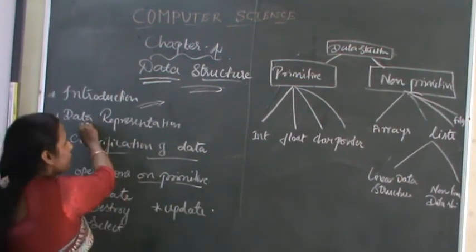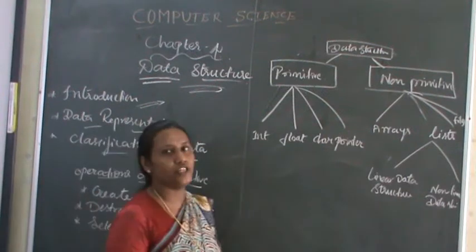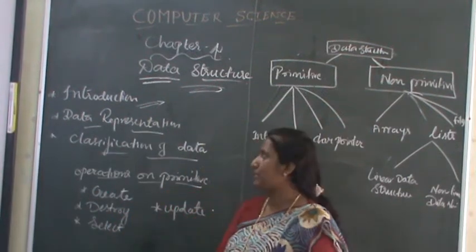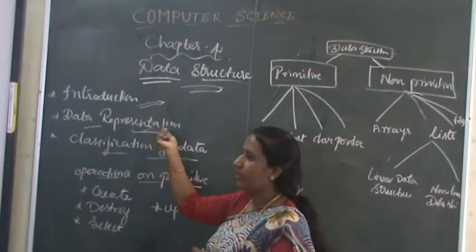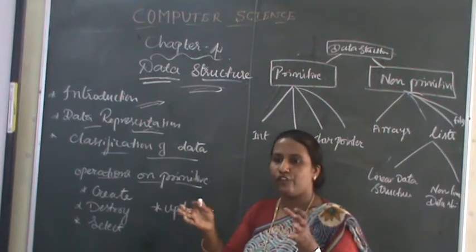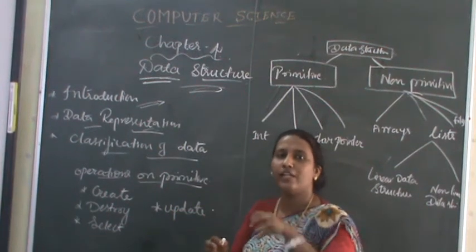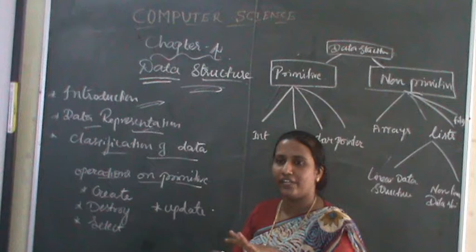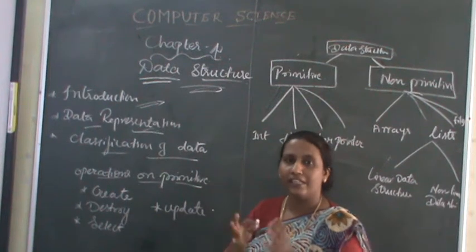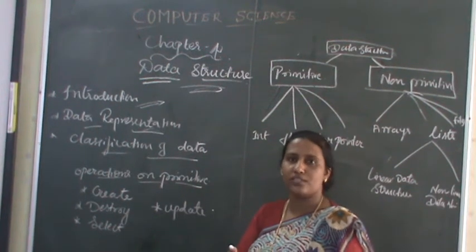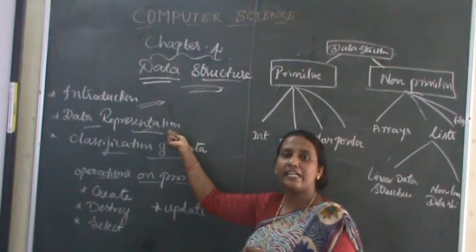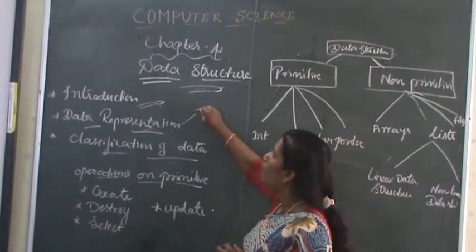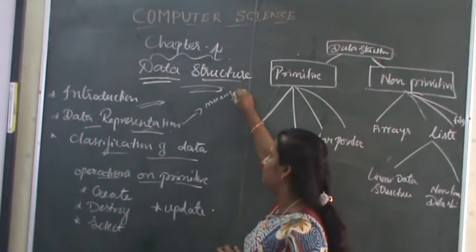Next we have data representation. Why do we need to go for data representation? Whatever data we are giving, we are not giving only a few forms of data. We are giving a lot of data to the computer for processing. So data representation will help us manage our memory.